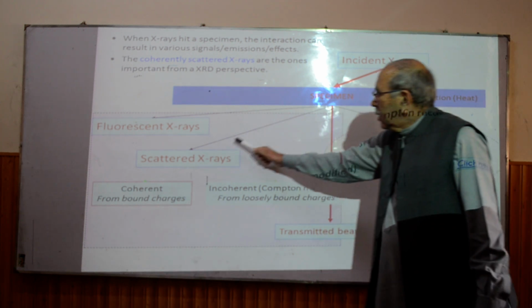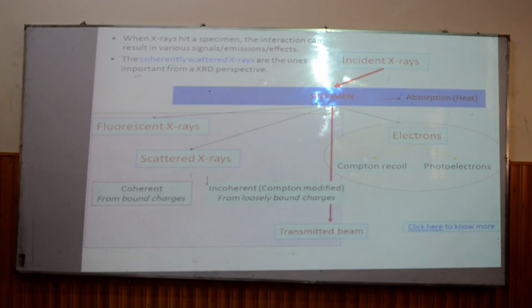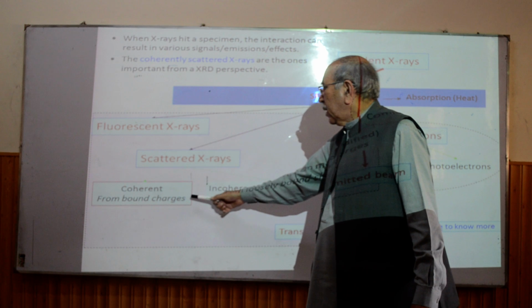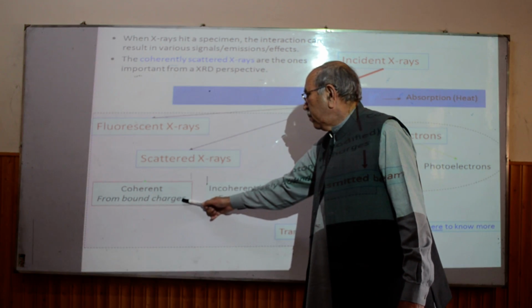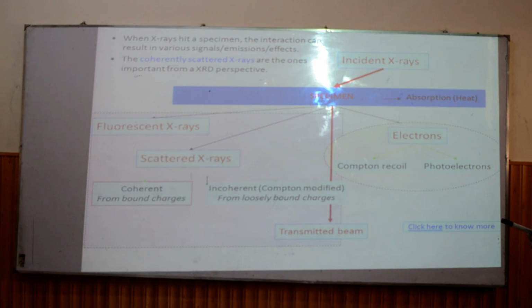Some of the X-rays are scattered, and they are scattered with the same wavelength. These scattered X-rays can be coherent from the bound charges. Bound charges mean the charges attached to the nucleus.